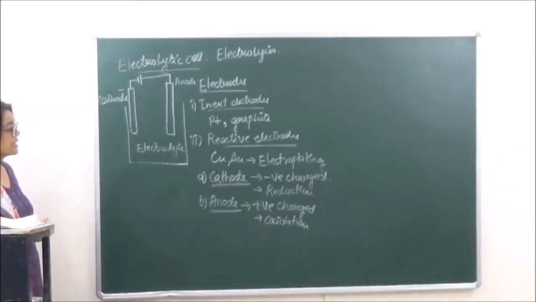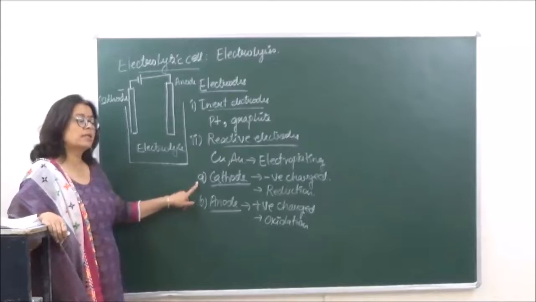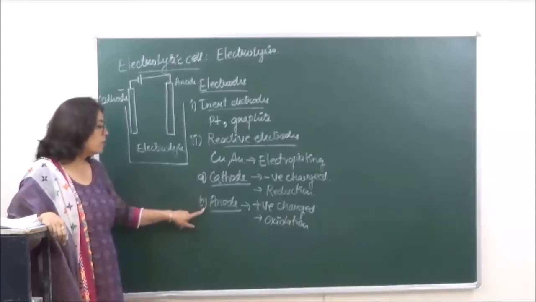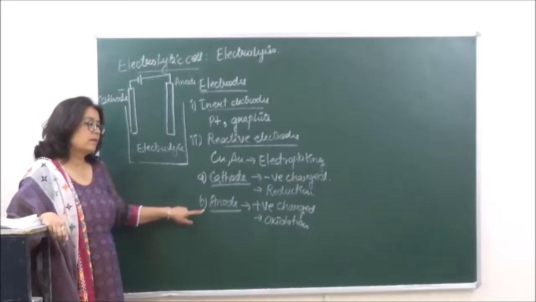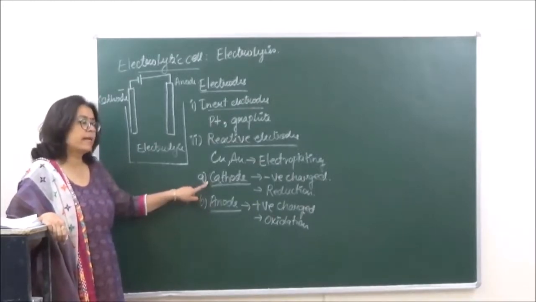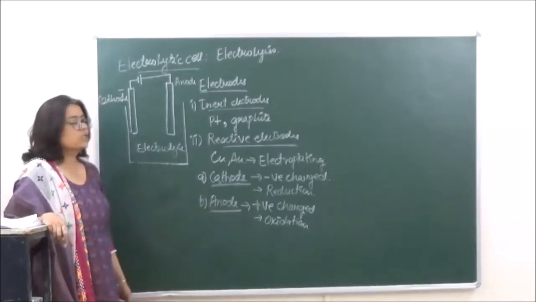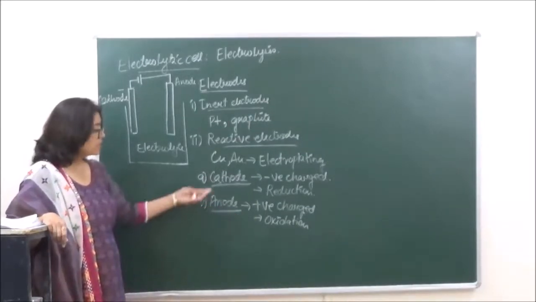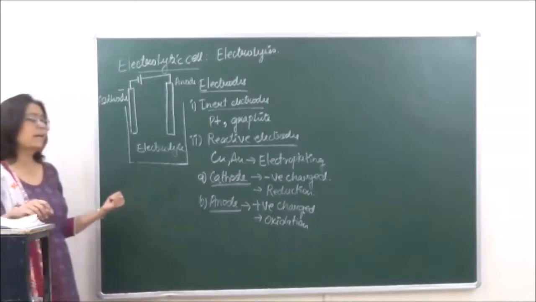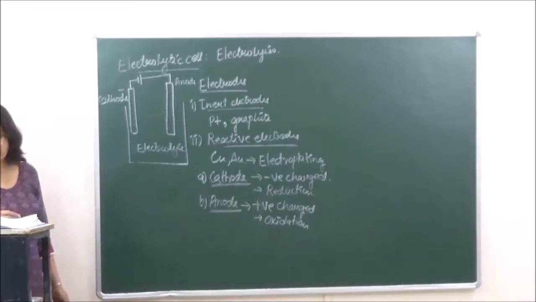Now in an electrolytic cell, because we are providing electricity from outside, the electrons will always flow from the anode to the cathode. Because at the anode oxidation is taking place, and oxidation is loss of electrons, it will lose electrons and the cathode will attract those electrons towards itself. So this is what an electrolytic cell is.